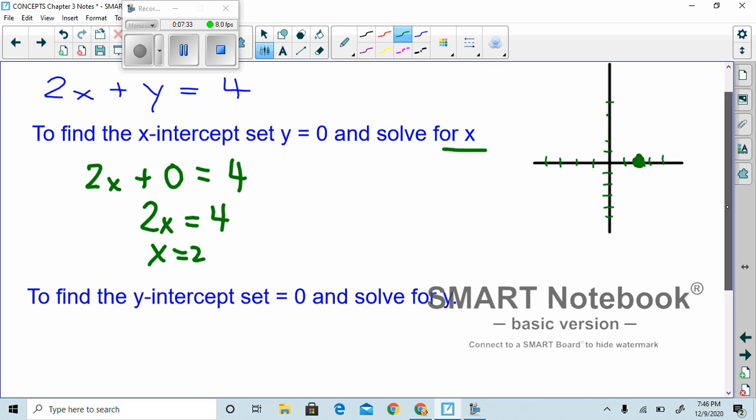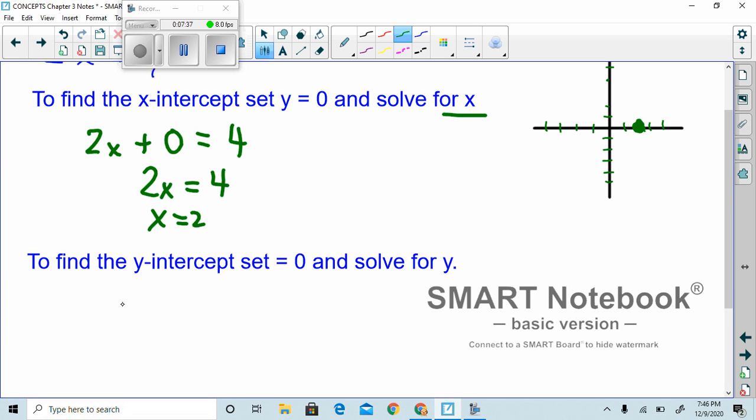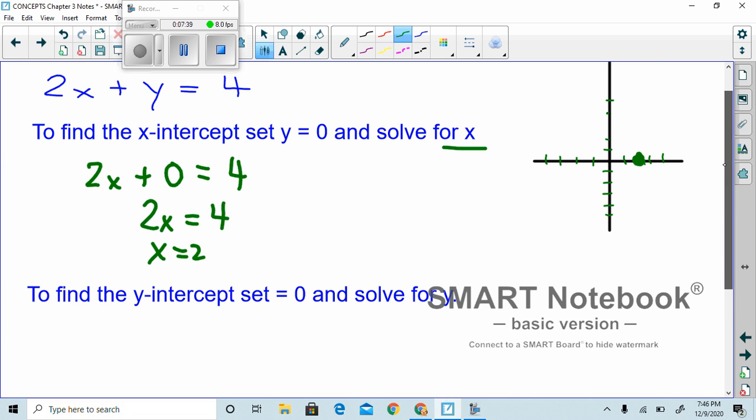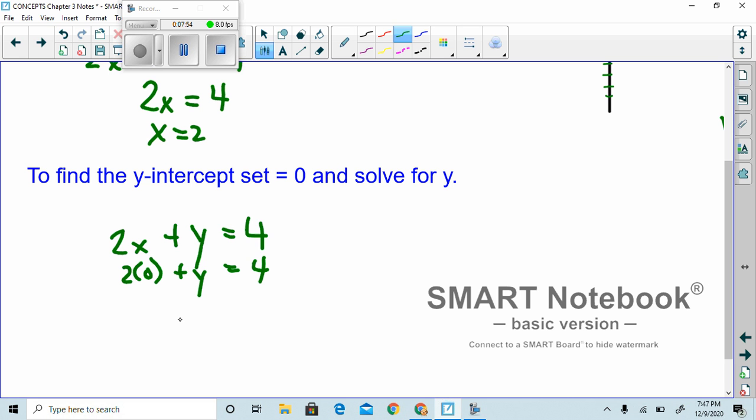I now have to find a y-intercept because remember we need 2 points. Staying with that original equation, 2x plus y equals 4. If x were now equal to 0, it would cancel out. If it cancels out, I am left with y is equal to 4.